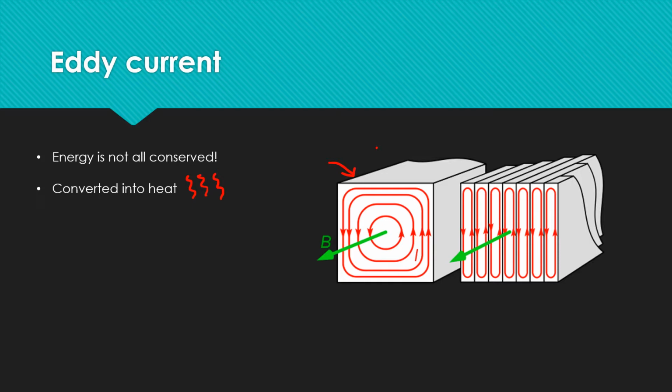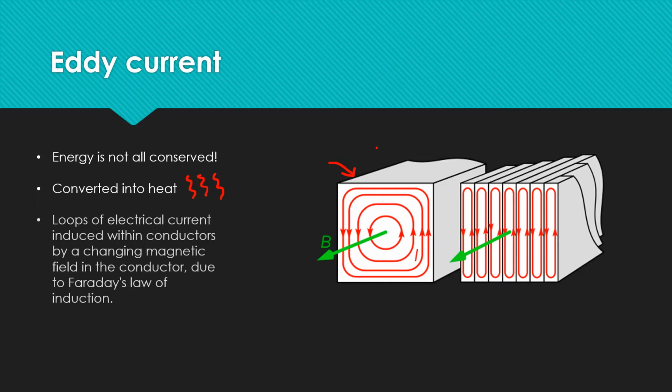This occurs in order to oppose the change that produced the magnetic flux. The currents flowing in a core are called eddy currents. These currents produce heat, using our energy and so causing inefficiency.